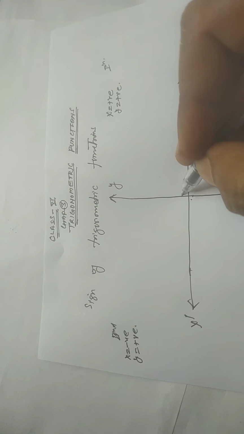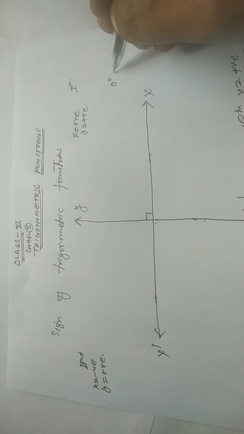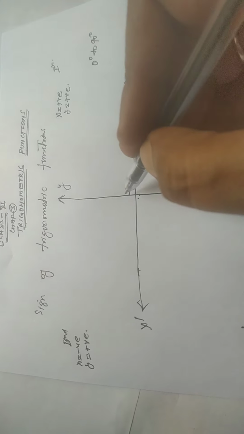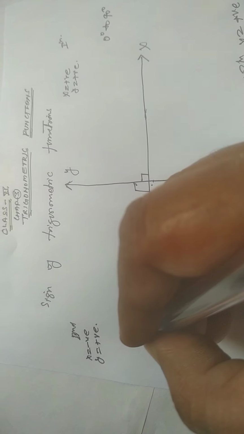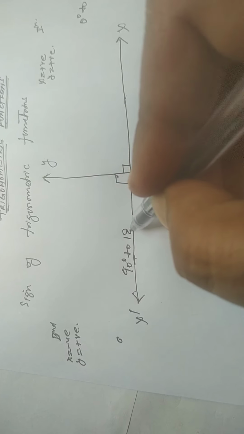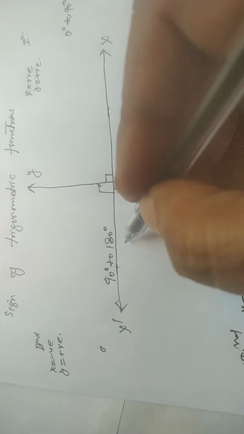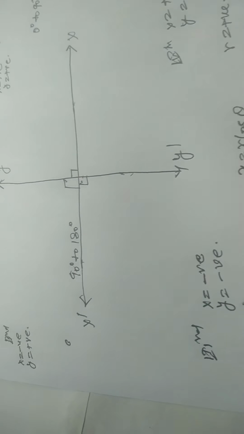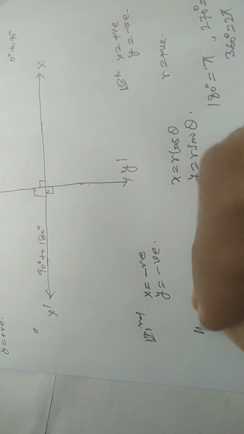The first quadrant lies between 0 degree to 90 degree, and the second quadrant is 90 degree to 180 degree. To avoid mistakes, we write this here.